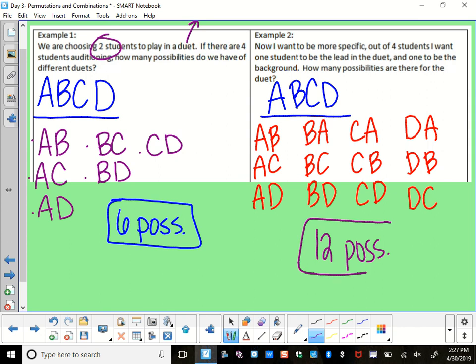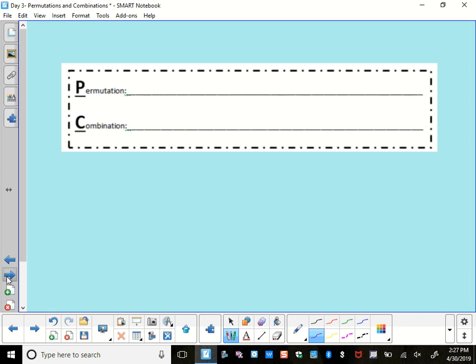So when the order matters, like in number 2, we have more possibilities, right? When the order matters, we have more possibilities. You guys write this down? Do it. Okay. This is what we're learning today, is permutations and combinations.